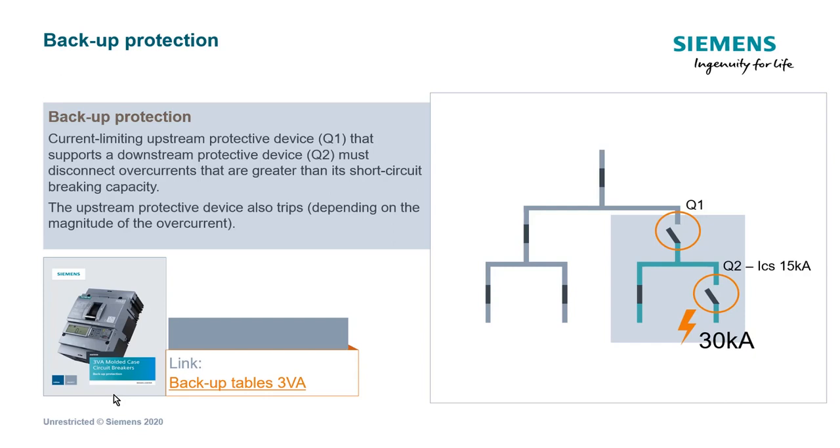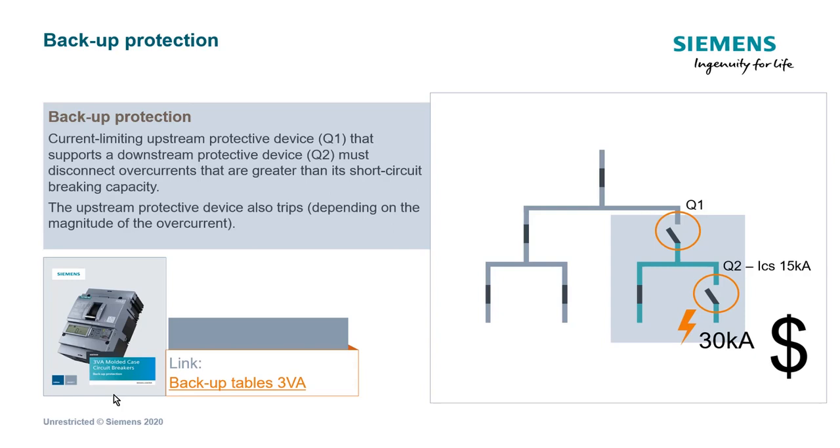Why is this possible? Because you can see Q1 is also opening. The current limiting upstream device, Q1, supports the downstream protective device and must disconnect overcurrents that are greater than the downstream device's short circuit breaking capacity. This is why you can have Q2 with a short circuit breaking capacity less than the highest short circuit current at this point of connection.